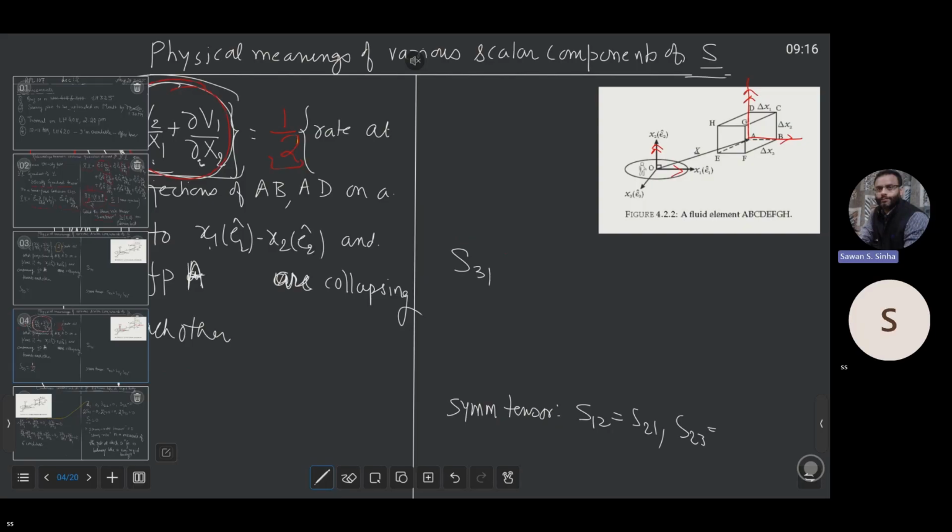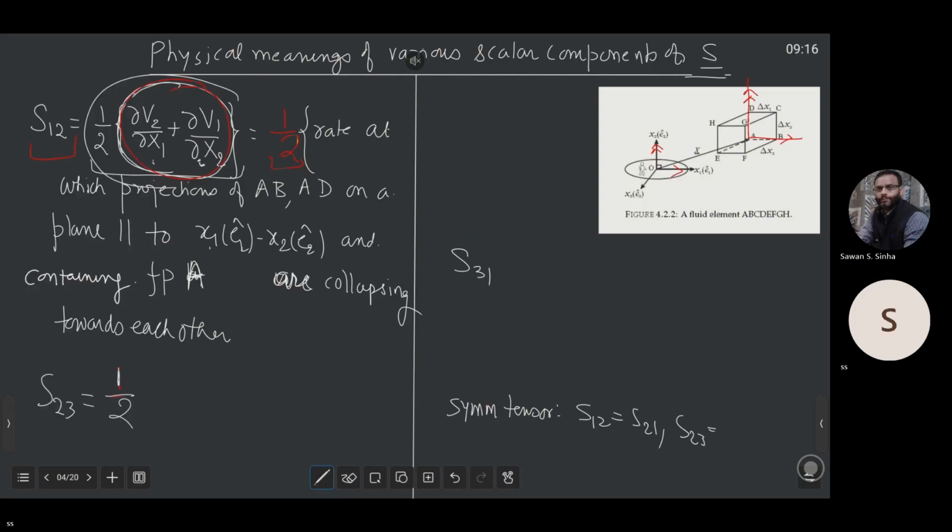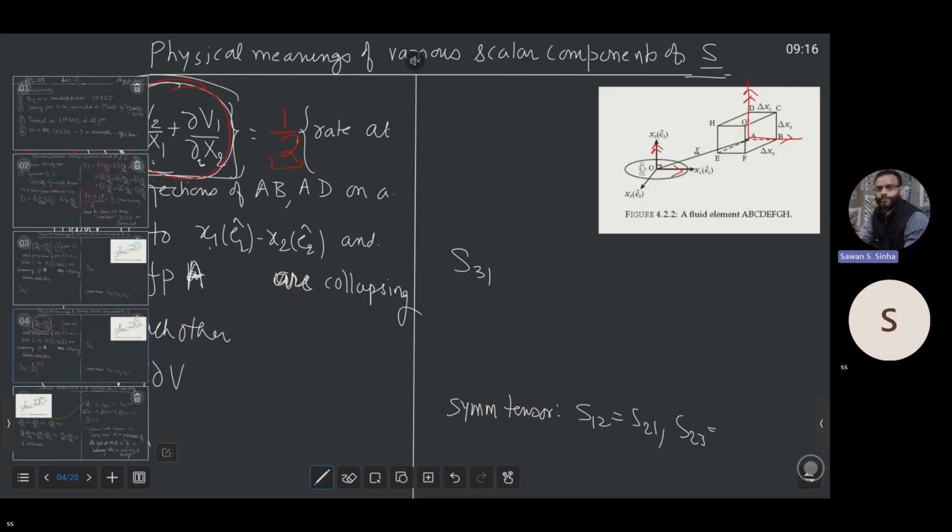It was delta alpha plus delta beta by 2. Yeah, I think I'm right. S23 will by definition be, what will be S23 by definition? By definition, I mean this one.